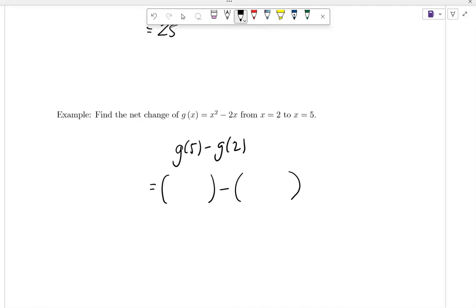Which one is? 5 squared minus 2 times the 5, right? Because I got to put the 5 in the x for that one too.